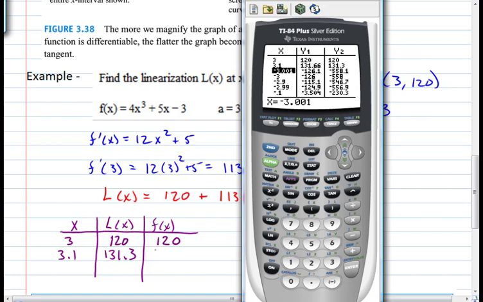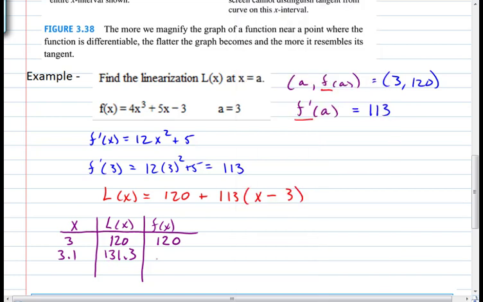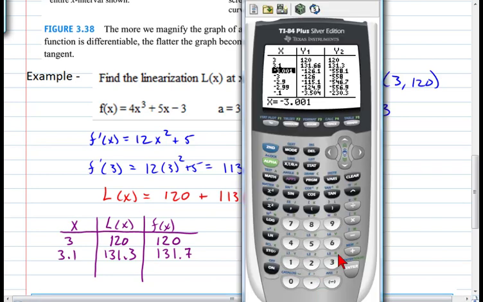Here we get 131.66. Let's say 131.7. That might be close enough for government work, and it was quick and easy. I could do it in my head even. But this one, there's no way I could evaluate that function in my head. Do you see how the linearization can help you out?